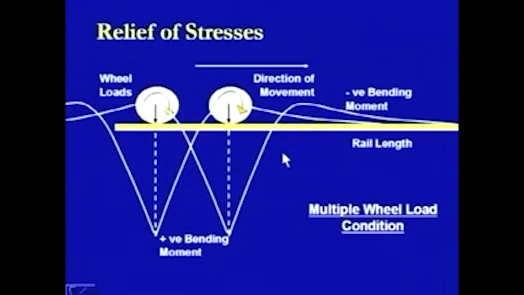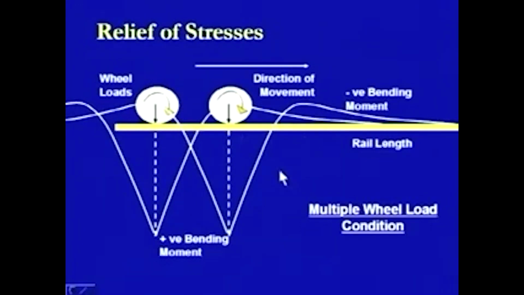So, this is quite an important thing which we have to look at in combination with the track modulus. Obviously, when we try to find out the different types of stresses because of the loads induced due to the movement of the wheels, we have to look at the track modulus, which becomes quite an important part of the computation of the stresses.